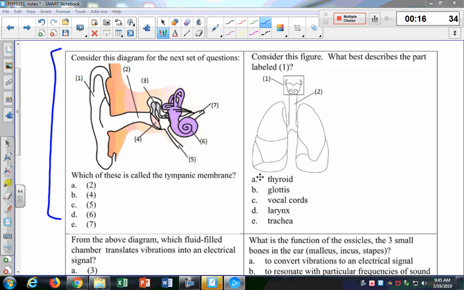All right. You'll have the same figure, by the way, on your exam for the ear. I'll ask you to identify 3 or 4 or 5 different parts. Identify them, or just tell me what purpose they serve. Let's stop at 32.